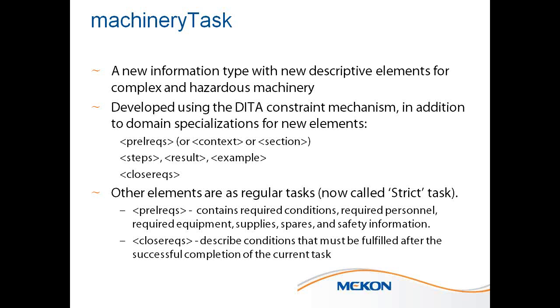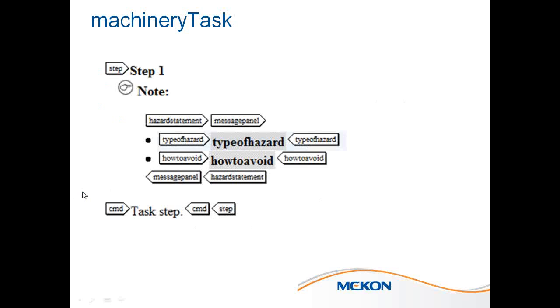And then closereq is that you can do a task and you can be done, but to really finish the task, you might have to close it off. So certain conditions that have to be fulfilled to know that you actually completed the task successfully, but aren't within the ordinary step flow.